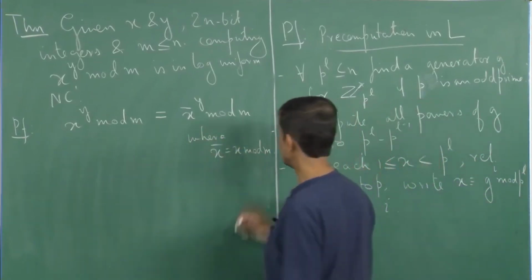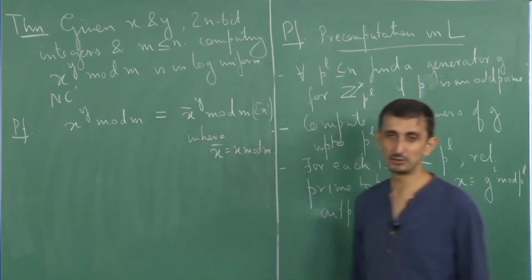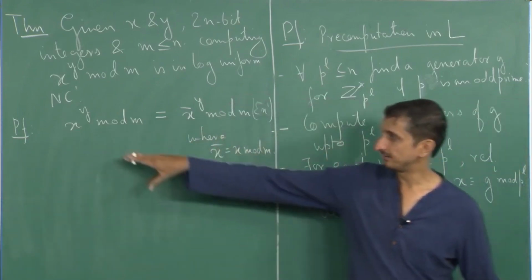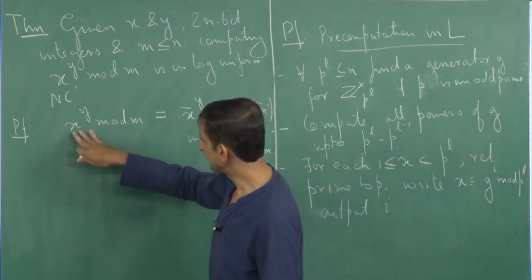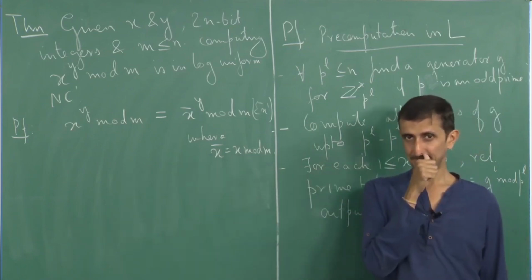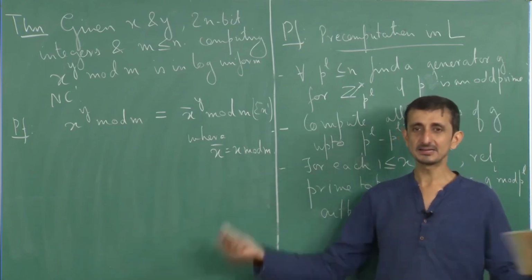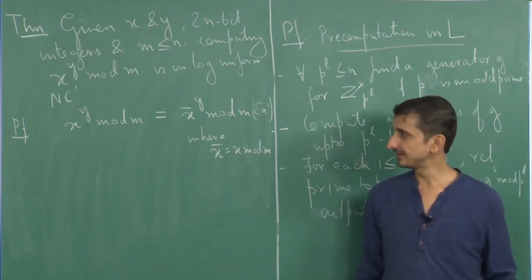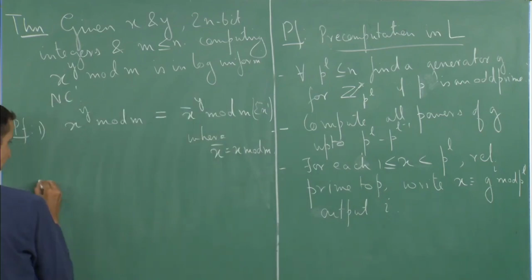This is an exercise for you to check. Actually, this is not even an exercise, it is quite obvious that x to the power y mod m is equal to x bar to the power y mod m. So we have reduced x to x bar. How can we reduce y? Instead of computing with respect to a large power, can you say that this is point number 1.